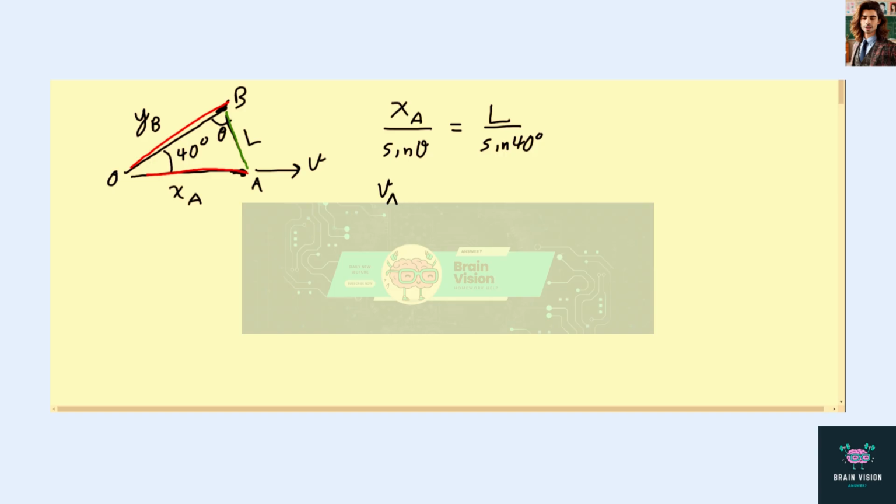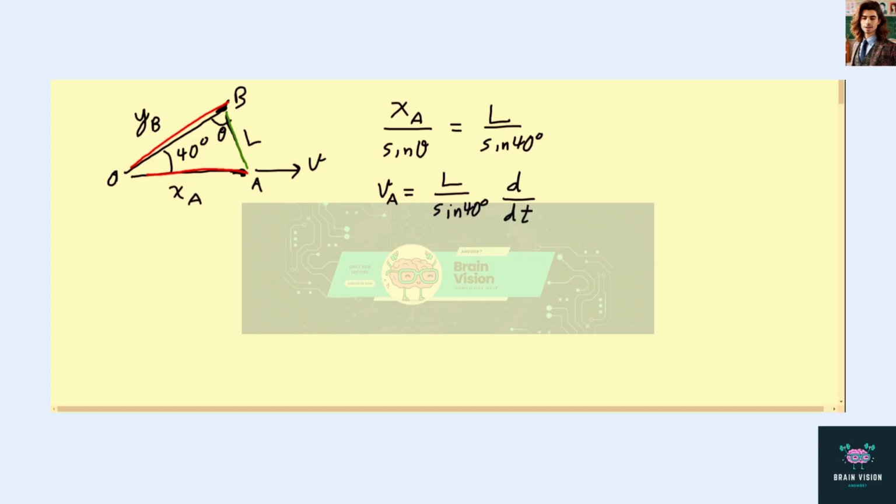So the velocity of A will equal L, which is not changing, so that's just a constant. I'm going to pull that out of our derivative here.